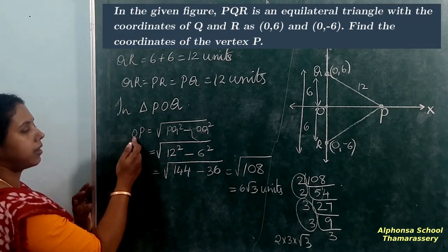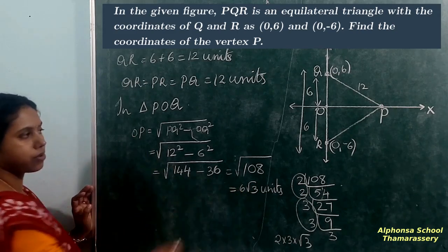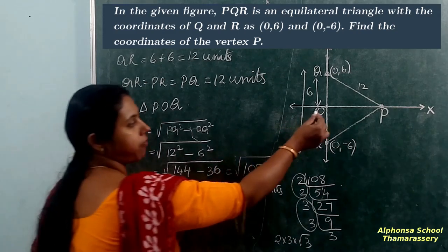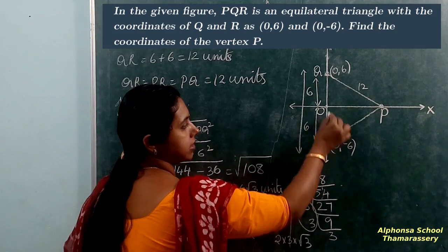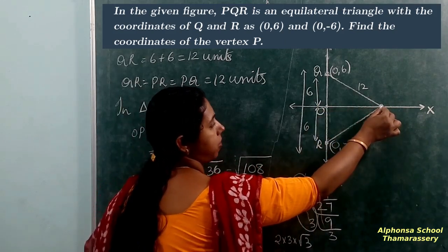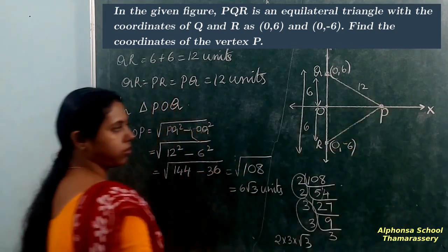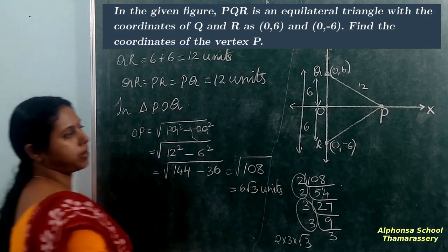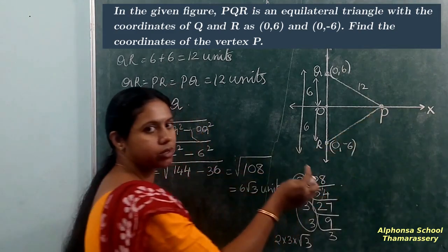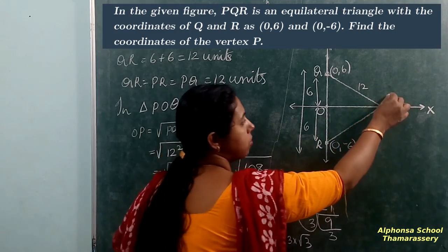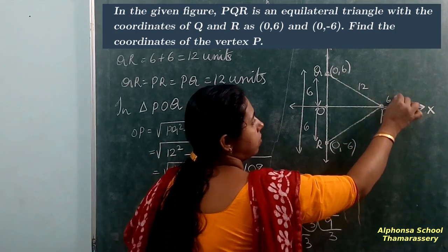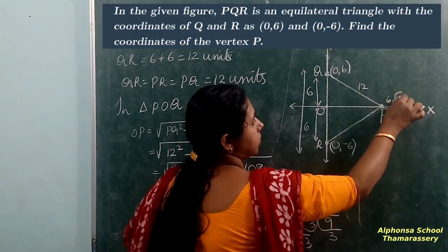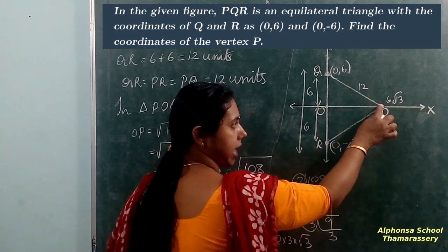So we got the length of OP, that is equal to 6 root 3. So the distance from the y-axis to the point is 6 root 3. The point P lies on the x-axis. So the coordinate of point P is 6 root 3. Distance from the y-axis to the point is the x-coordinate.